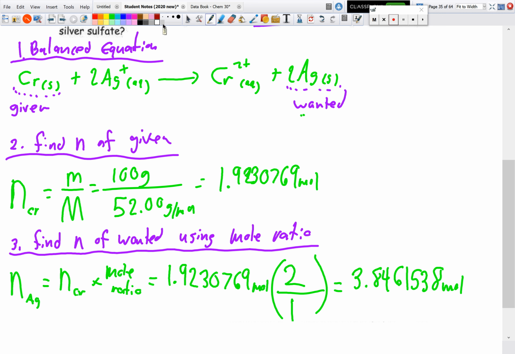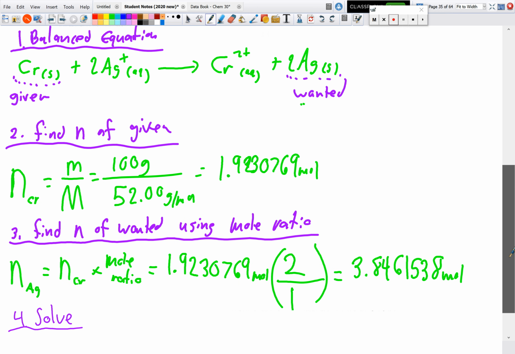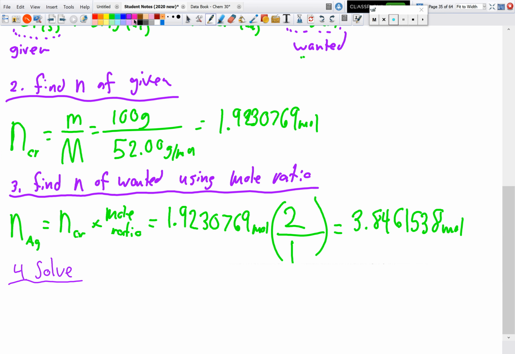And of course, our last step in our solving is to solve the question. So what is it asking? So we go back up and read, and it says what mass of silver is produced. So of course the equation for that is mass is equal to the number of moles times the molar mass.